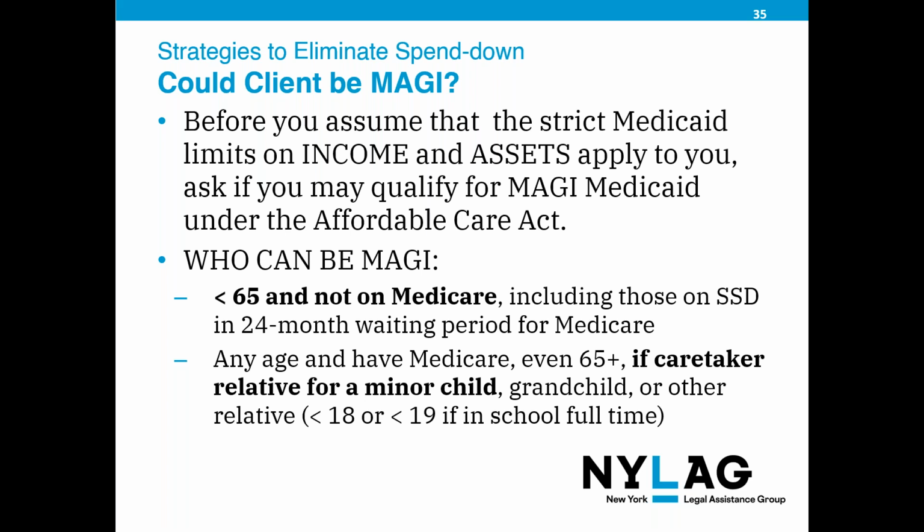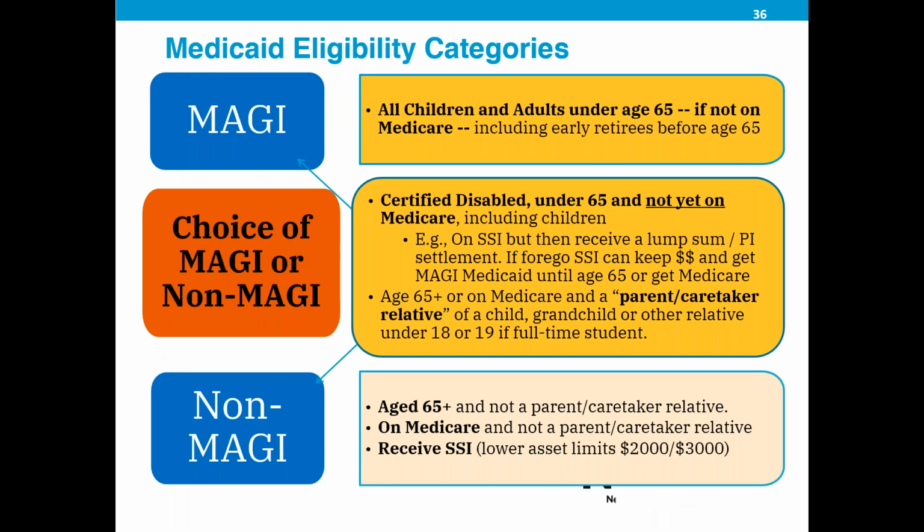So why do you want to think about this? Well, here's just another chart illustrating who's always MAGI, and that's in this top group, children and adults under age 65, not on Medicare. They have no other option. This is the only thing they can be.